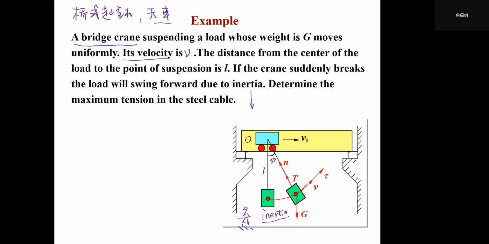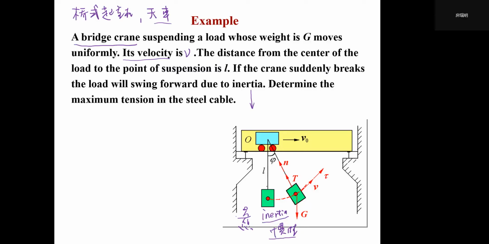I'm not sure if I wrote this English word correctly, but in Chinese we call that 惯性, right? So particles or things always try to keep their original state of motion. That means inertia. They try to keep their original motion pattern.